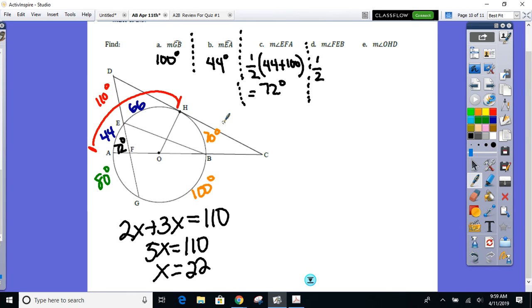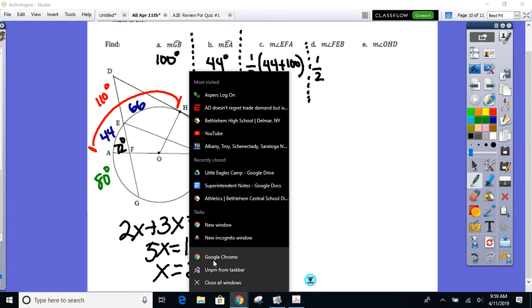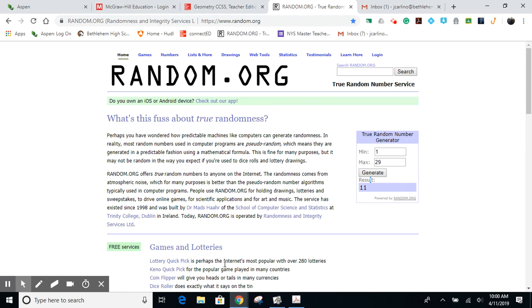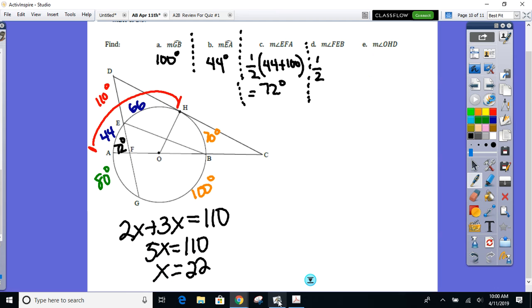Name the arc that it goes to, or how big is the arc it goes to. 100 degrees. Everyone see that? FEB goes to an arc of 100. And that'll be 50 degrees. Put it in. You never know, you may need it. 50 degrees.